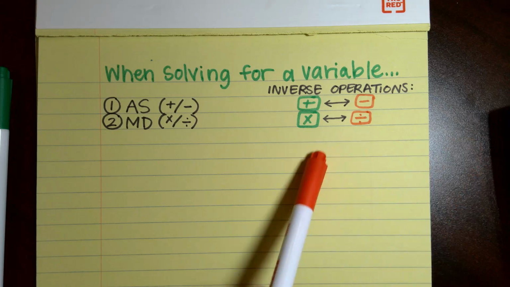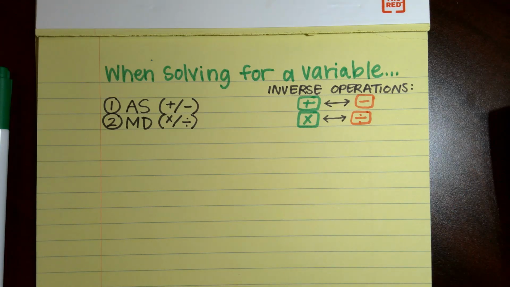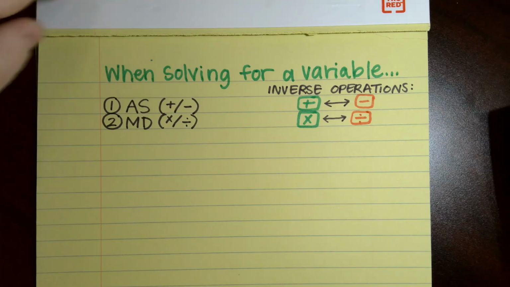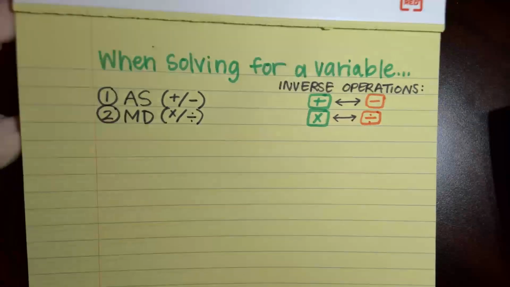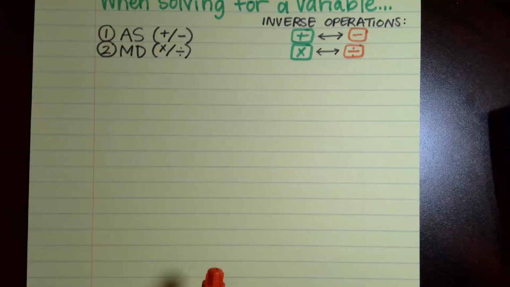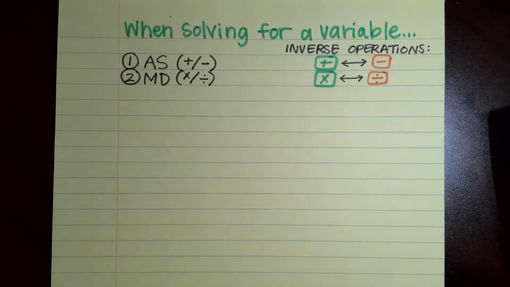Now, we will continually use our inverse operations, but I want to show you some special cases where we do things a little bit differently when solving an equation. So, I'm going to leave this up at the top here, and I'm going to introduce one of the exceptions to these rules.